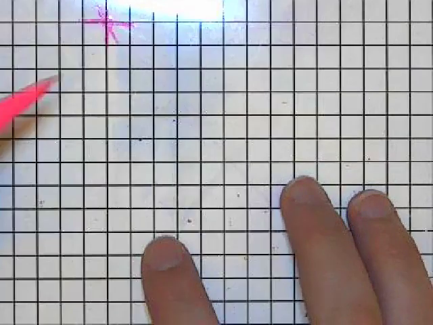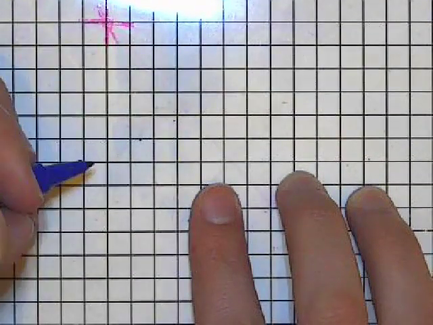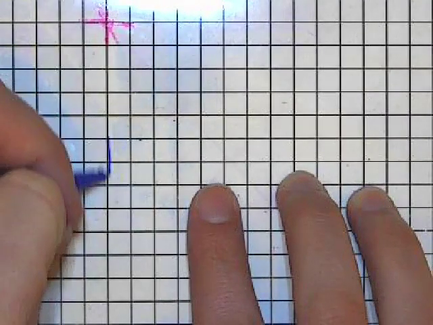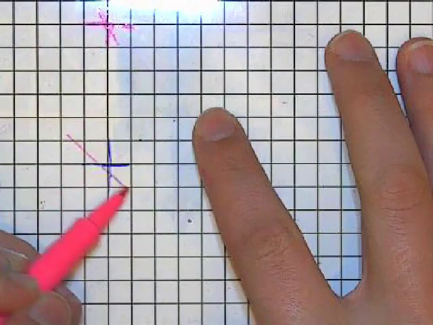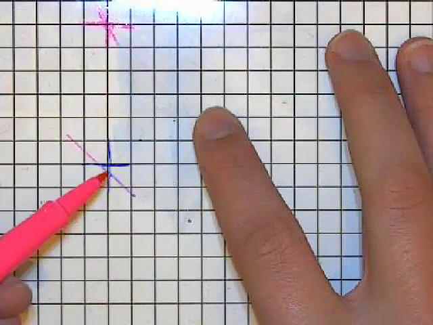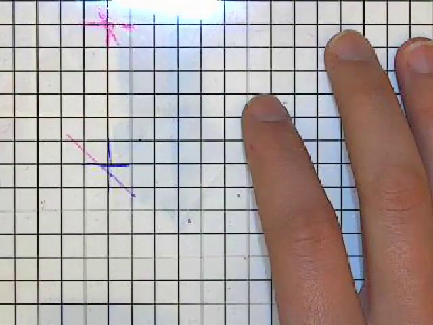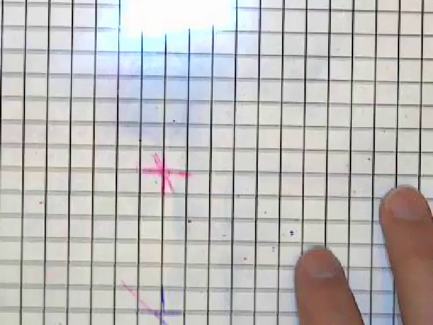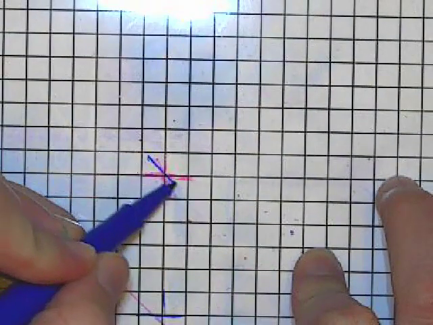If it looks like this, let's say, here's my new T. If I have a line and it goes like this, does it go through the corner? No. So that can't be a dot. Okay? It has to perfectly go right through the corner.